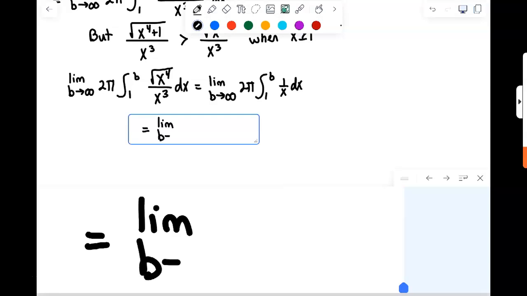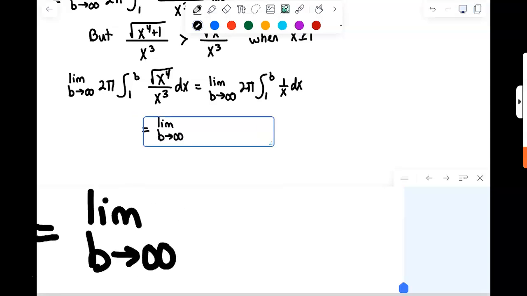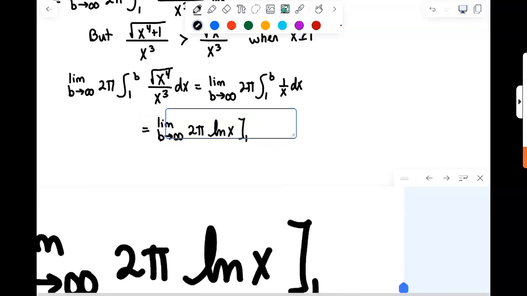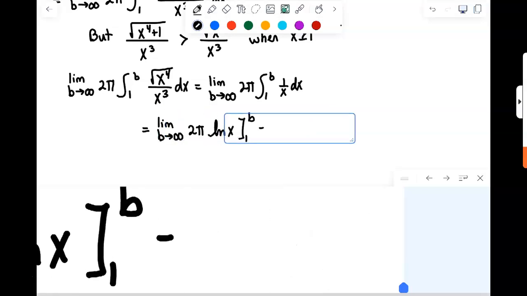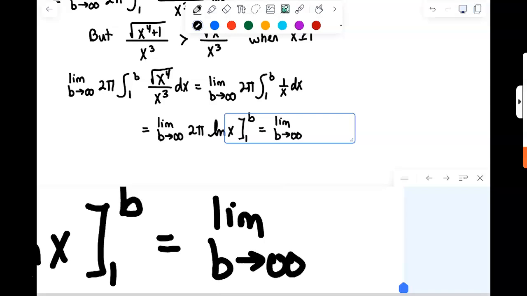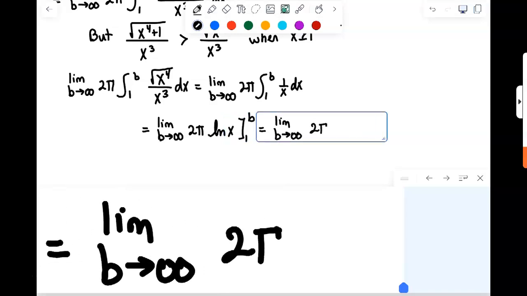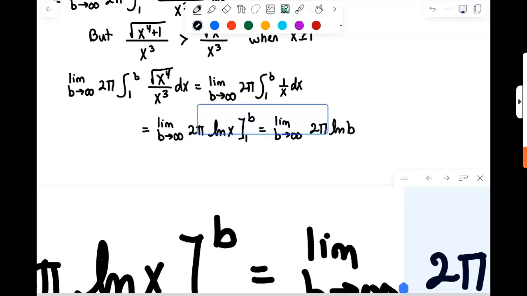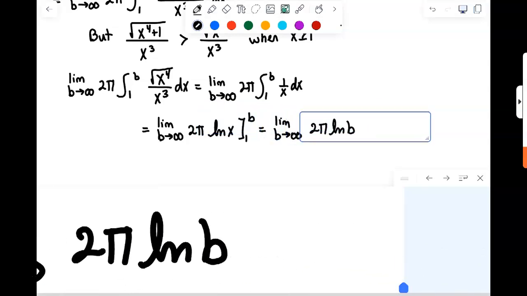Limit as b goes to infinity of 2 pi ln of x, evaluated between 1 and b. And that'll be the limit as b goes to infinity of 2 pi ln of b, because ln of 1 will be 0, so the second term will subtract off and be nothing.